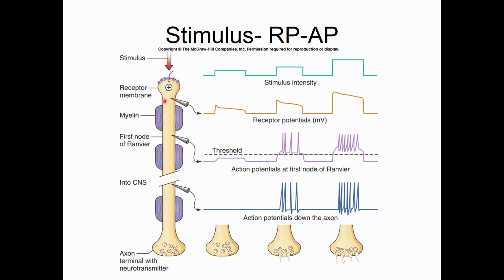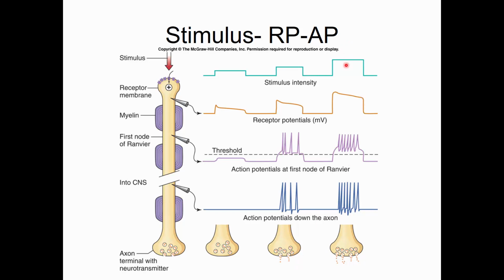But wherever the voltage-gated sodium channels are, that's where it's going to start. We're below threshold, so we have no action potentials. We have no action potentials going to the axon terminus, we have no calcium influx, and we have no neurotransmitter release. If we increase the intensity of the stimulus, then we've got a bigger graded potential, which leads to some frequency of action potentials, because now we're above threshold, and those action potentials arrive at the axon terminus, and we get some release of neurotransmitter.